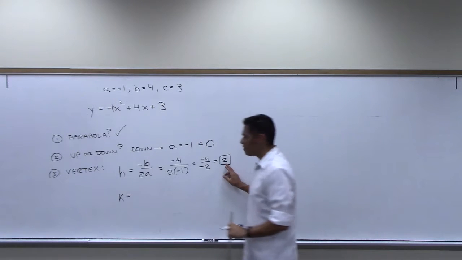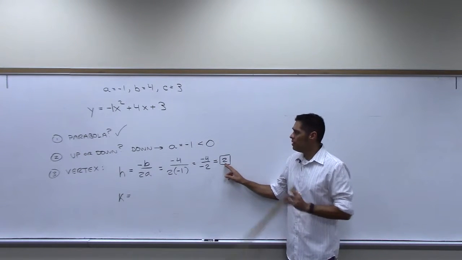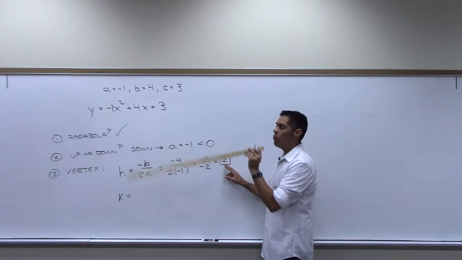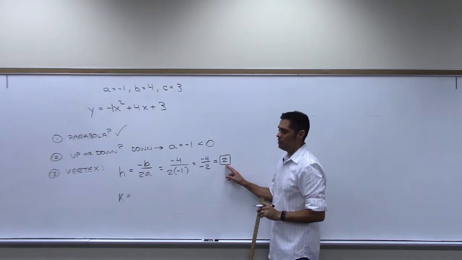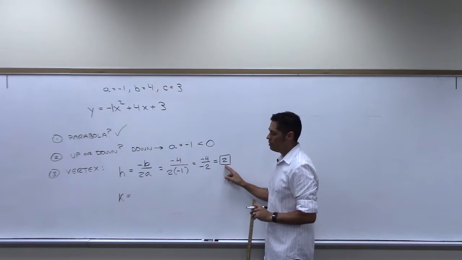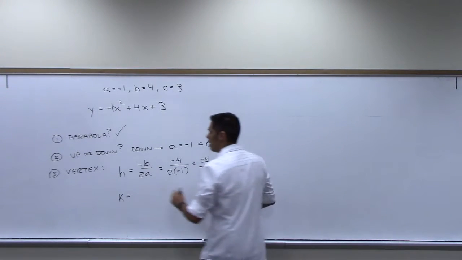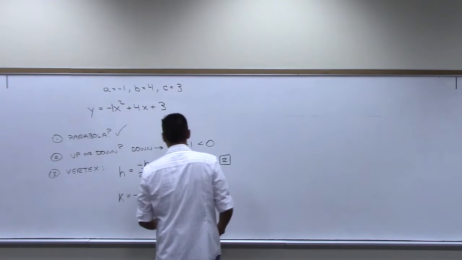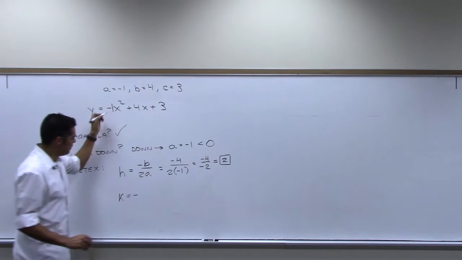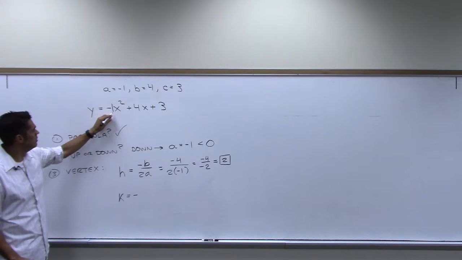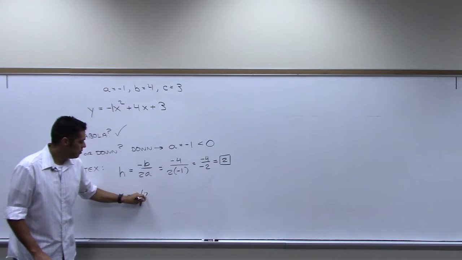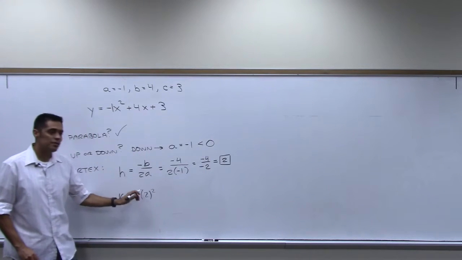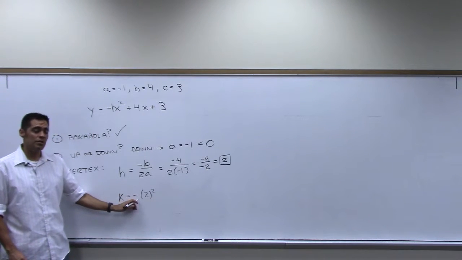You plug this into the original equation for x. So what we get is negative, parentheses, 2 squared, and that means you're going to square the 2 first and then turn it into a negative.